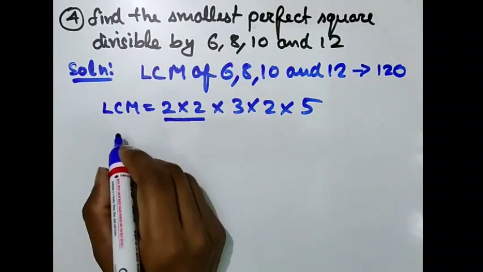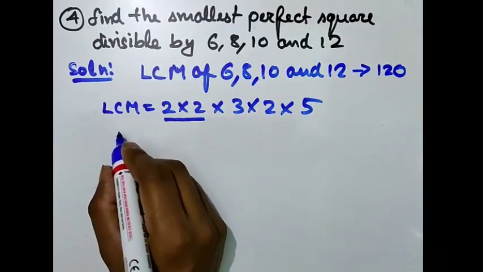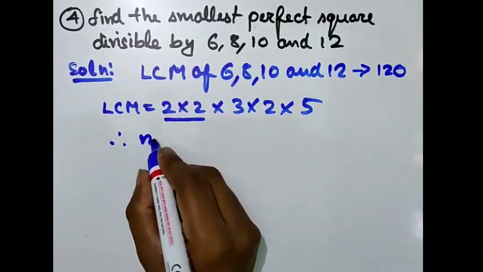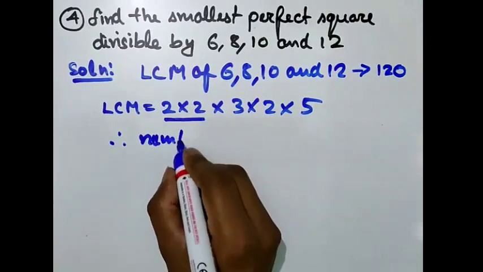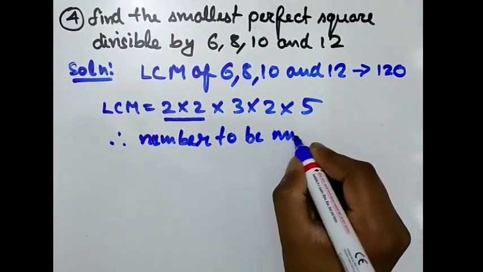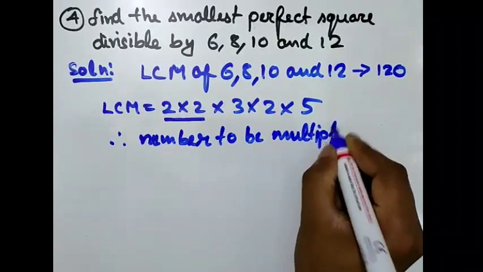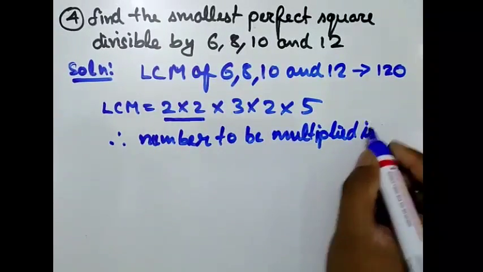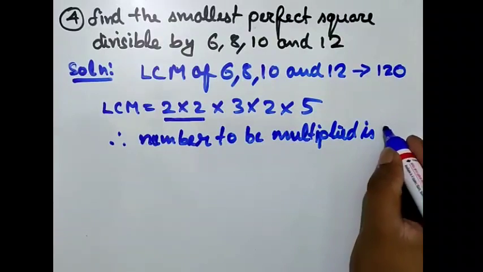Therefore the number to be multiplied is 3 times 2 times 5, which is 30.